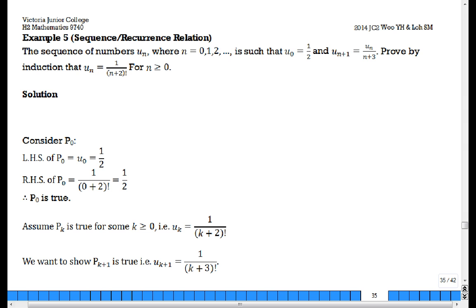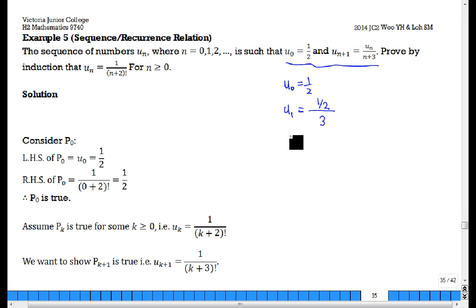Now let us interpret this one here. What does it mean? It means u0 is half, u1 is half over 3.